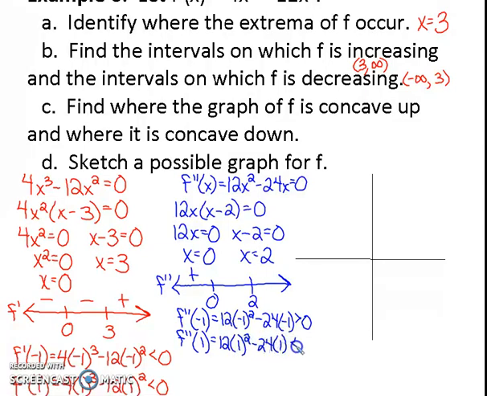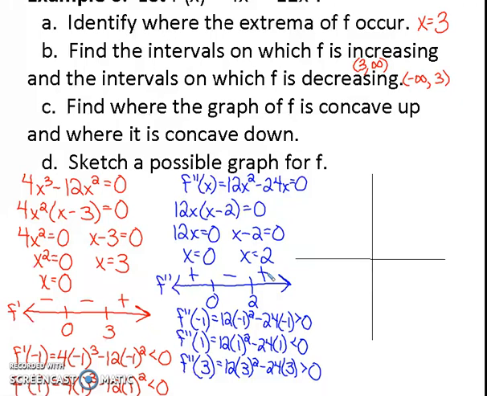I have 12 minus 24, which is negative. And then I use positive 3. You get 12 times 9 is 108, minus 24 times 3 is 72. 108 minus 72 is going to be positive. So I do change signs every single time on the second derivative graph.